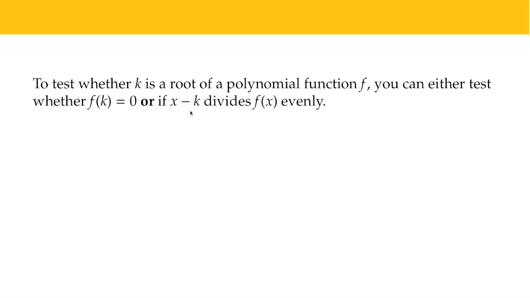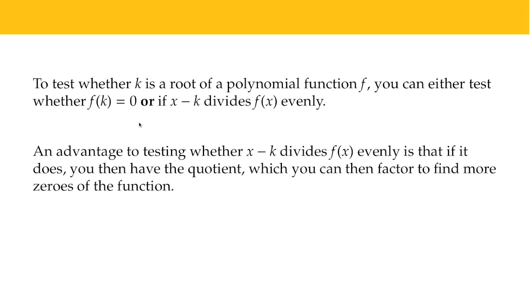Testing that division seems much more cumbersome than just plugging in and seeing if you get 0. However, there are some advantages. An advantage to testing whether x minus k divides f of x evenly is that if it does, then you'll know what that quotient is, and you'll be able to factor that to find even more zeros of the function.